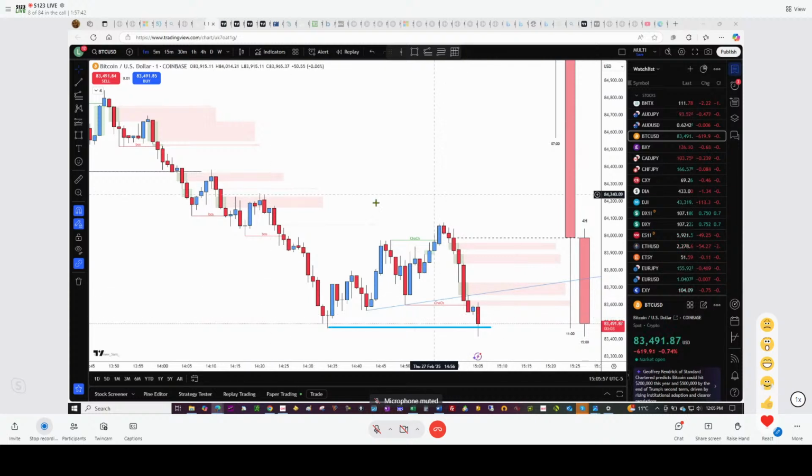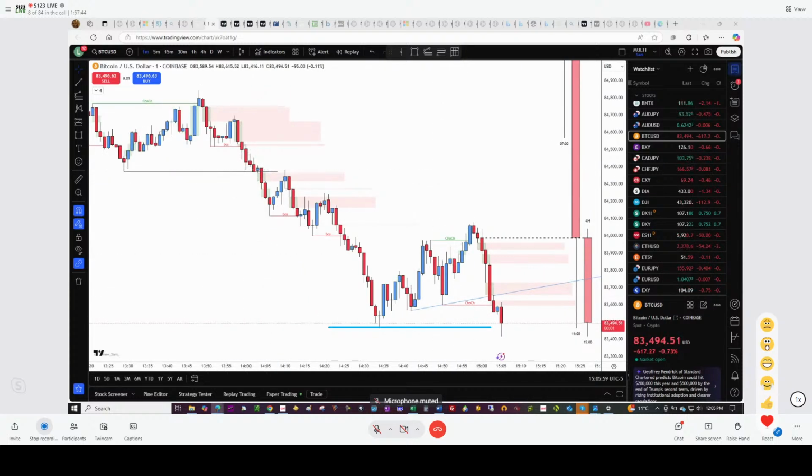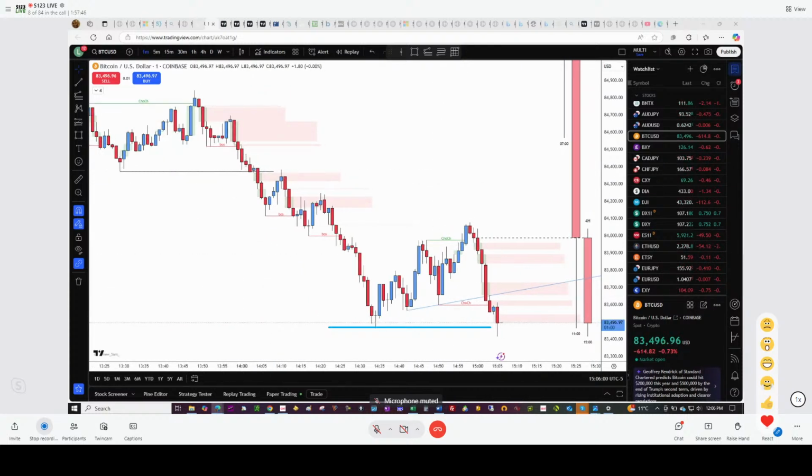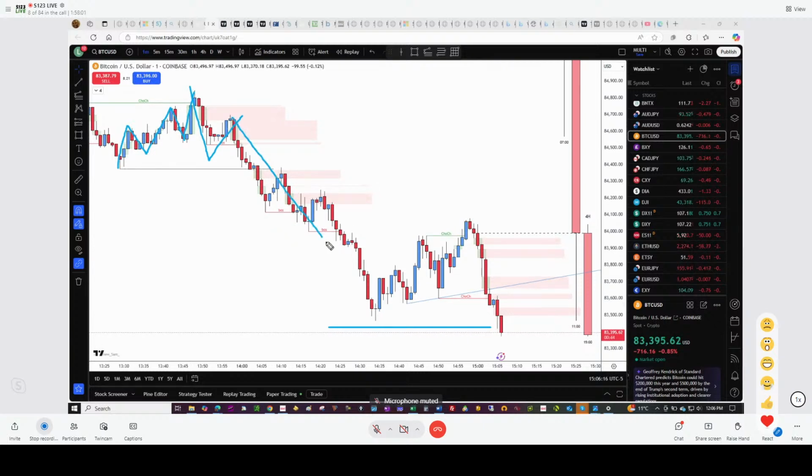So the NAS and Bitcoin are doing a similar thing at this moment in time. We're getting that, and you see they did it here again, that same pattern. When I'm comparing the two, I see that we have divergence of the Bitcoin to the NASDAQ on those two higher points.